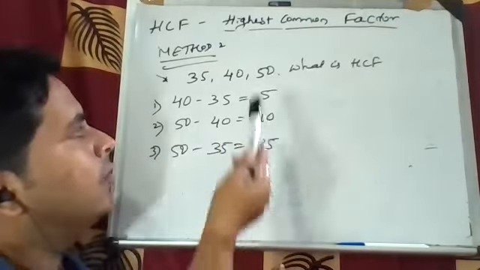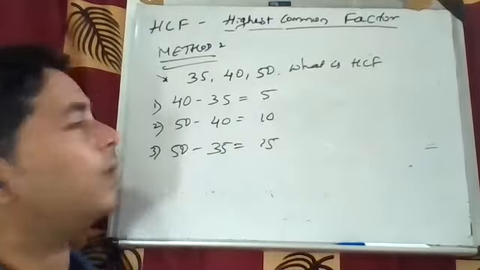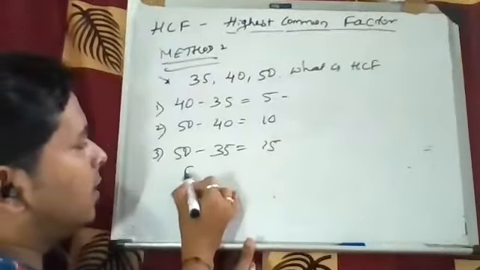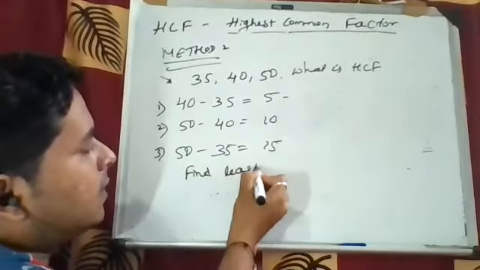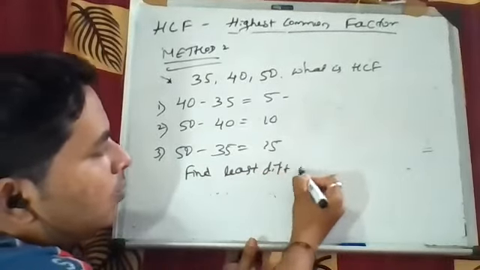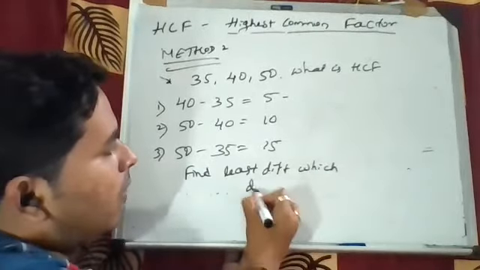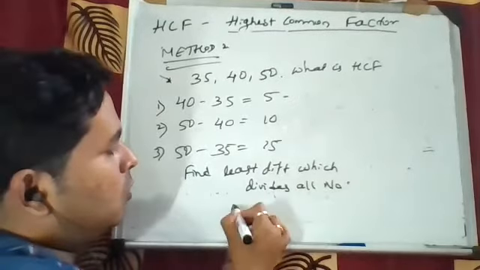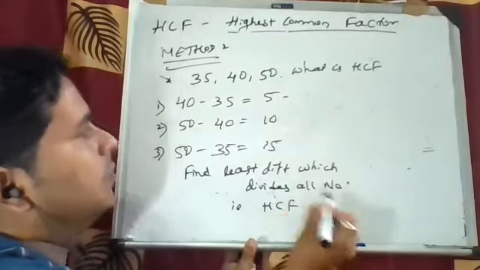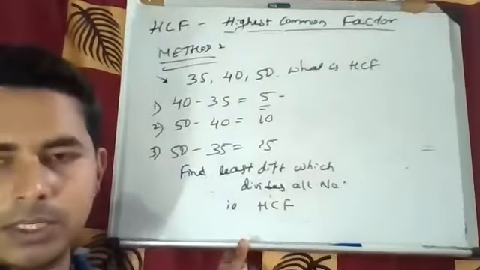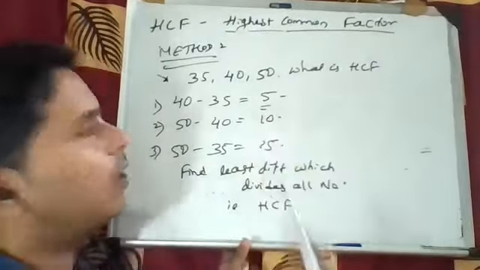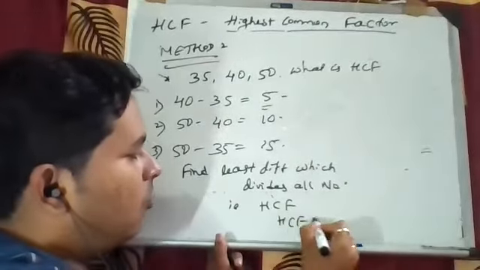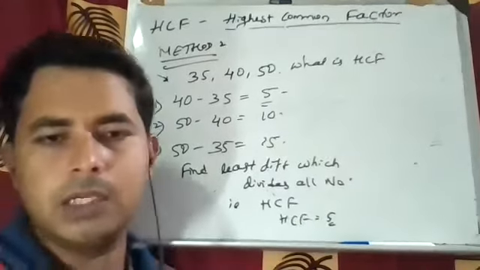My 5 does. So find the least difference which divides all the numbers; that will be your HCF. 5 will divide all the numbers, 10 will not divide, 15 will not divide. So the least number is 5, and your HCF is 5.